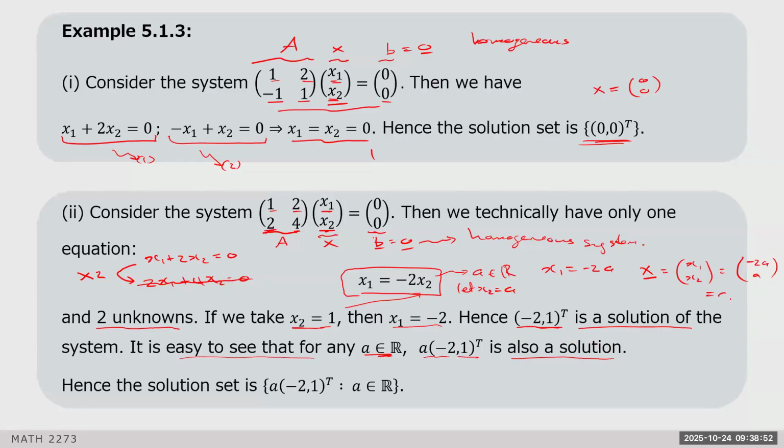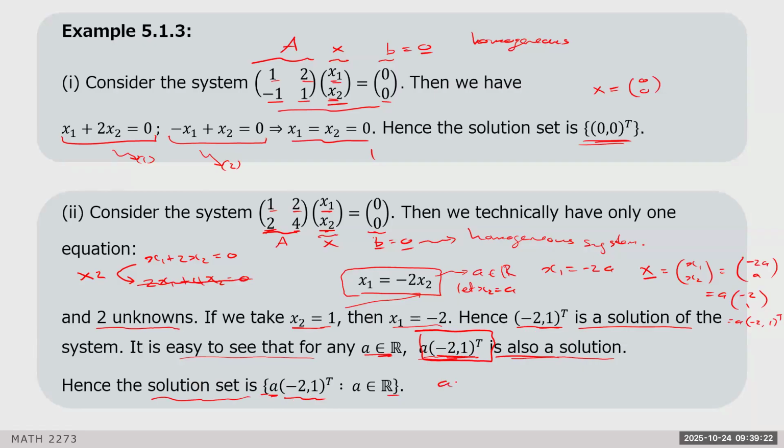Pull a out, so a times (minus 2, 1), which equals a times (minus 2, 1) transpose. Right? So that's how they got that. Any multiple of (minus 2, 1) is also a solution. Therefore, the solution set is the set of all multiples of this vector (minus 2, 1), which will satisfy this equation.